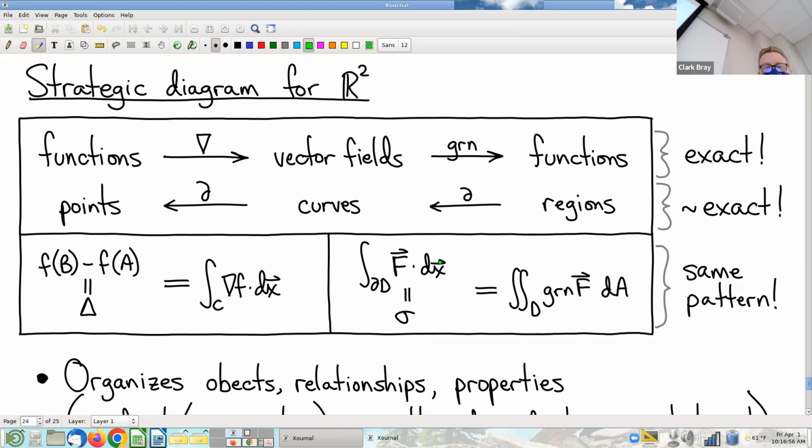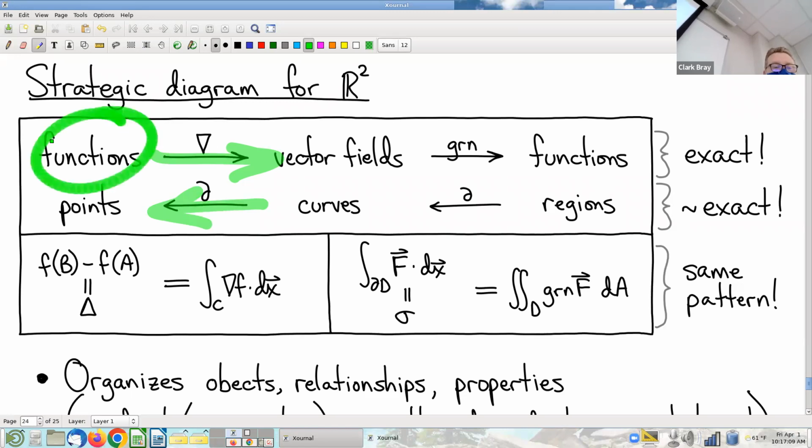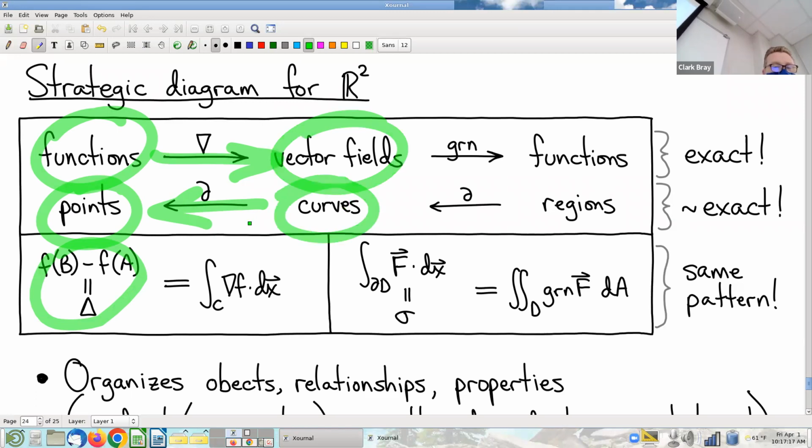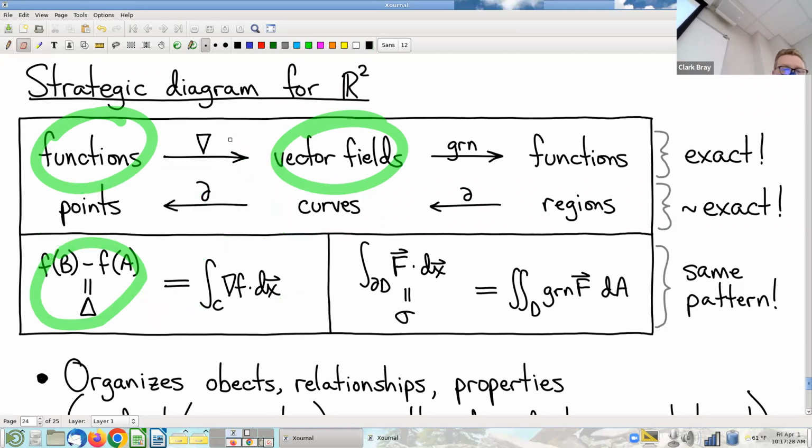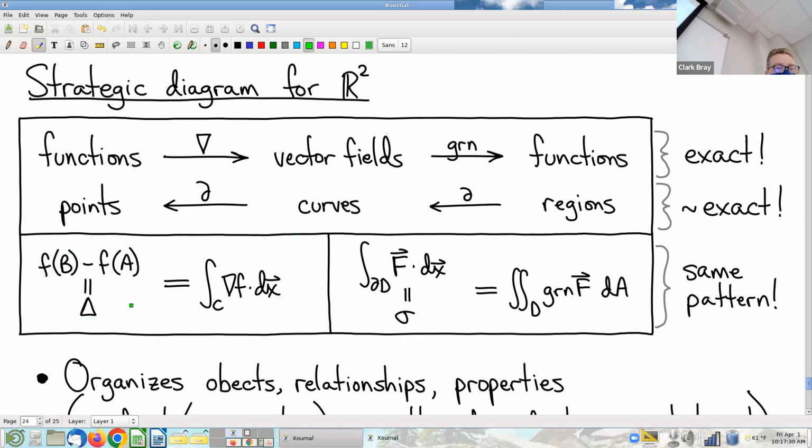Again, I don't want to review everything we already said, but if you take a gradient of some function, if you take the boundary of a curve, then evaluating the original function on those boundary points, versus evaluating the gradient vector field over the original curve as a line integral, you get the same thing, right? The point is not that there is what I like to call a diagram chase that describes a theorem. The point is it's the exact same pattern over here.